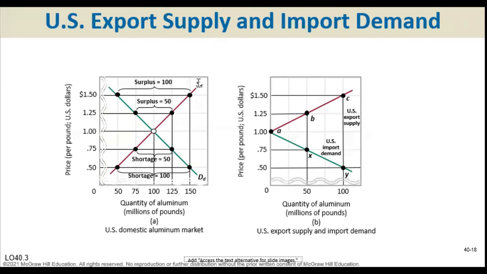So doing this at each price for the supply and the demand, this section will represent the U.S. import demand, and the supply section will represent the U.S. export supply. So you have the supply and you have the demand here for the U.S.